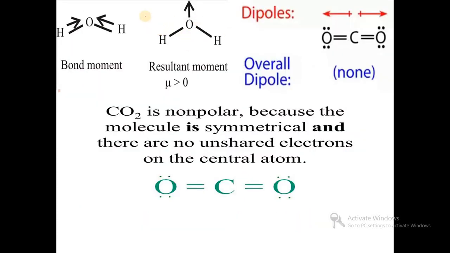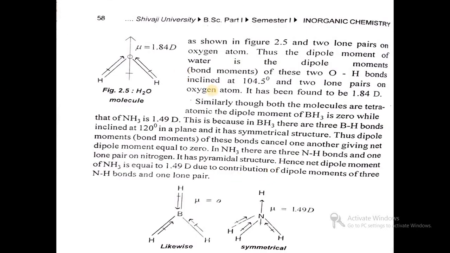So in the case of water, the dipole moment is 1.84 D. So this is the bond moment and the resultant moment is positive. But in case of CO2, dipole moment is cancelled and it is 0. So CO2 is non-polar because the molecule is symmetrical and there are no unshared electrons on the central atom. So water has some dipole moment, that is 1.84 D.